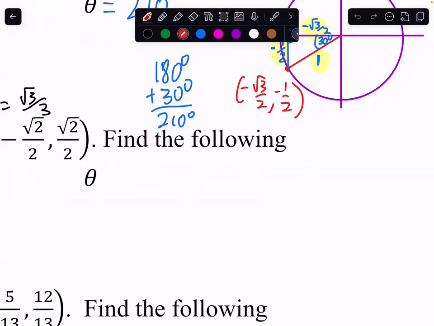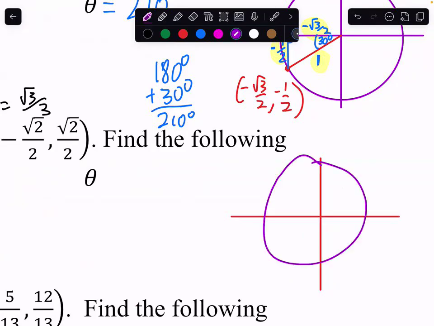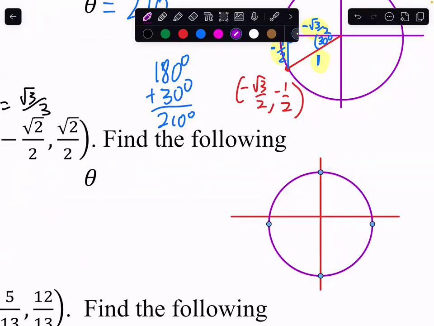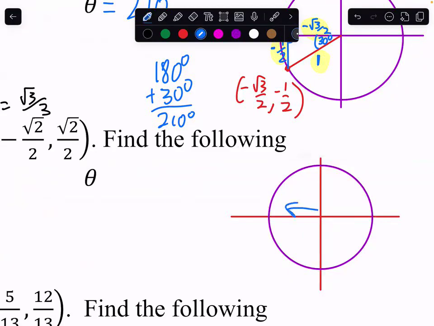Let me try again. Negative radical 2 over 2 comma positive radical 2 over 2. That would go in quadrant 2 because x is negative but y is positive.